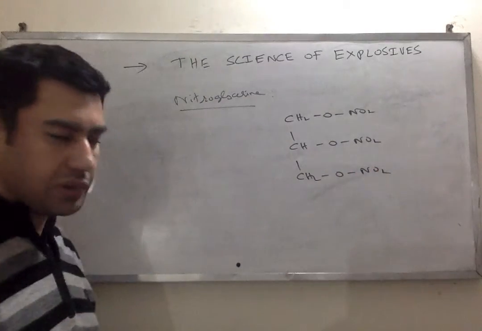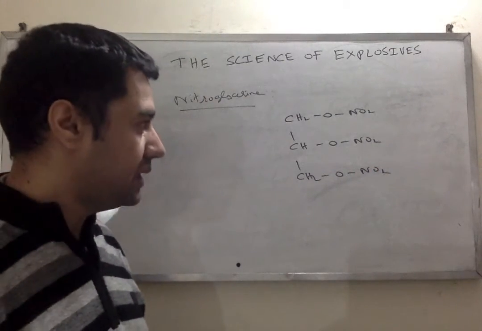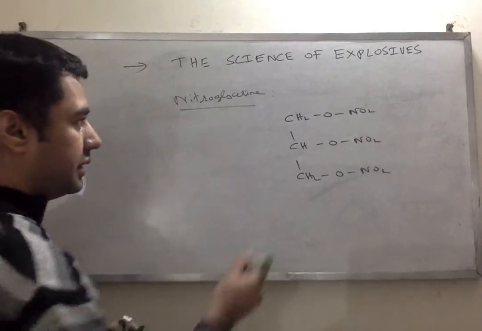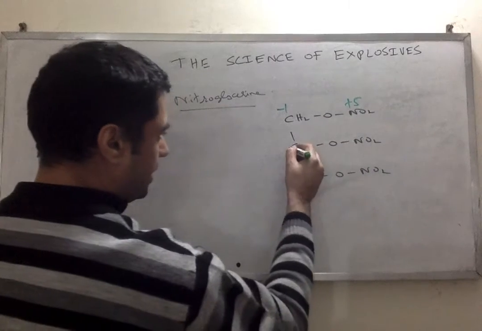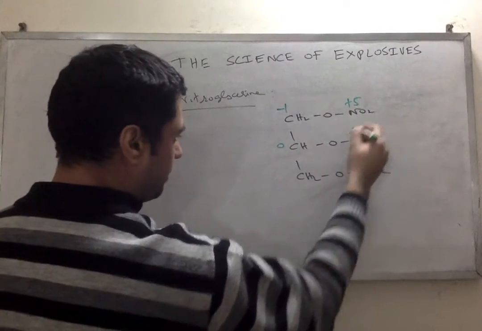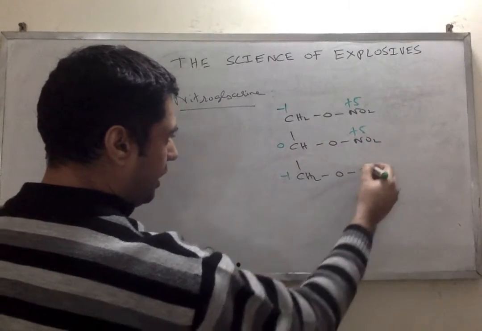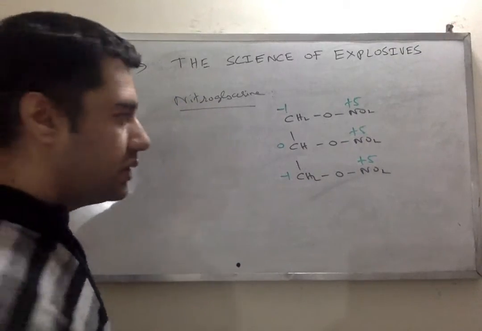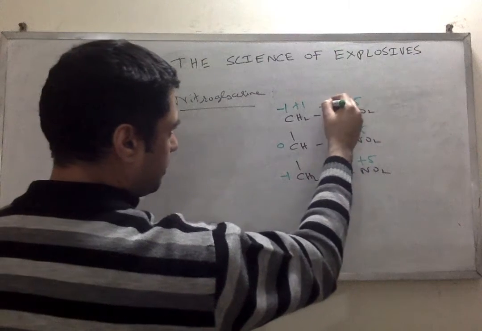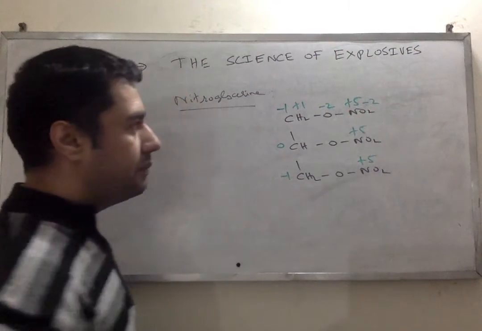Now let us write the oxidation number of various elements present in this compound. This carbon is present in -1 oxidation number, nitrogen in +5, this carbon in 0, once again nitrogen in +5, this carbon in -1, this nitrogen in +5, and hydrogen and oxygen atoms have their usual oxidation numbers, which is +1 and -2 for each hydrogen and oxygen atom.